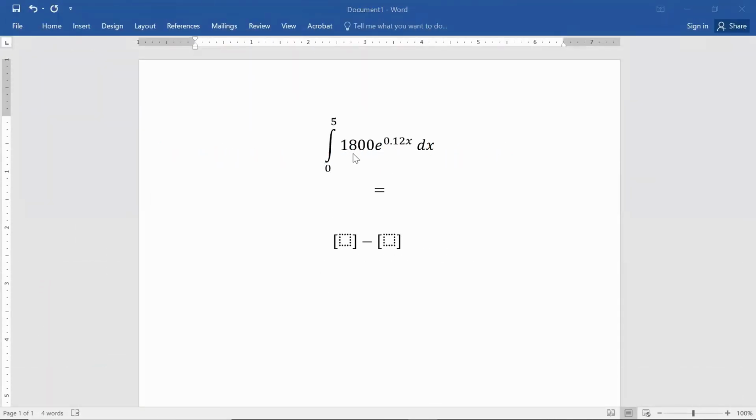In order to do this problem, I have to remember how to take an antiderivative of e to a linear power.